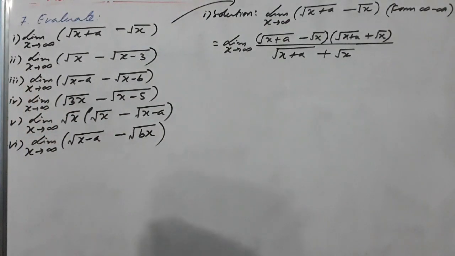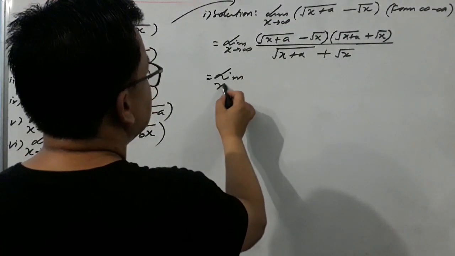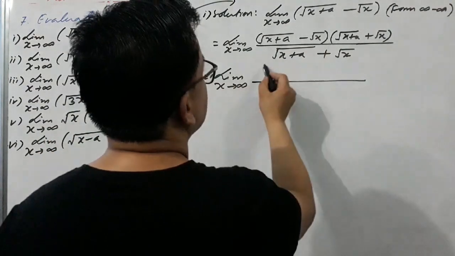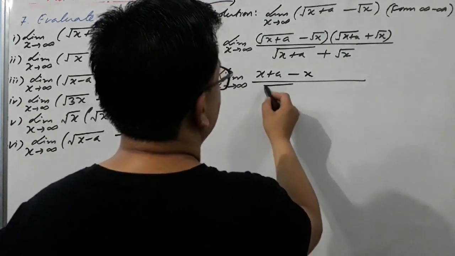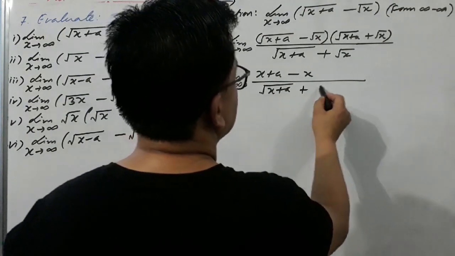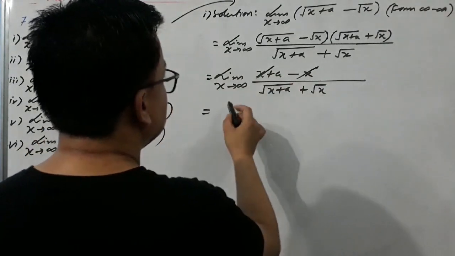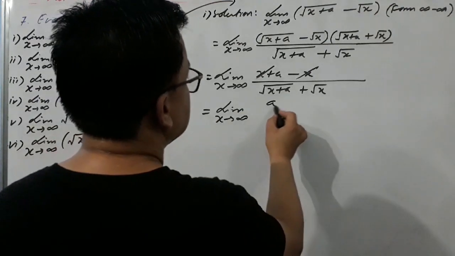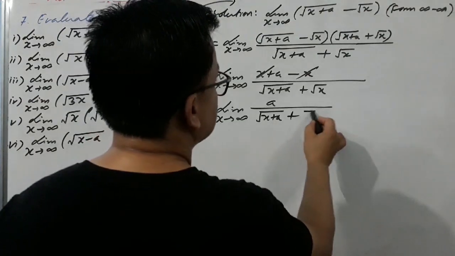Now I don't think you have a problem. It is a very simple method. Limit as x tends to infinity of x plus a minus x over root x plus a plus root x, the x cancels, and you are going to get limit as x tends to infinity of a over root x plus a plus root x.